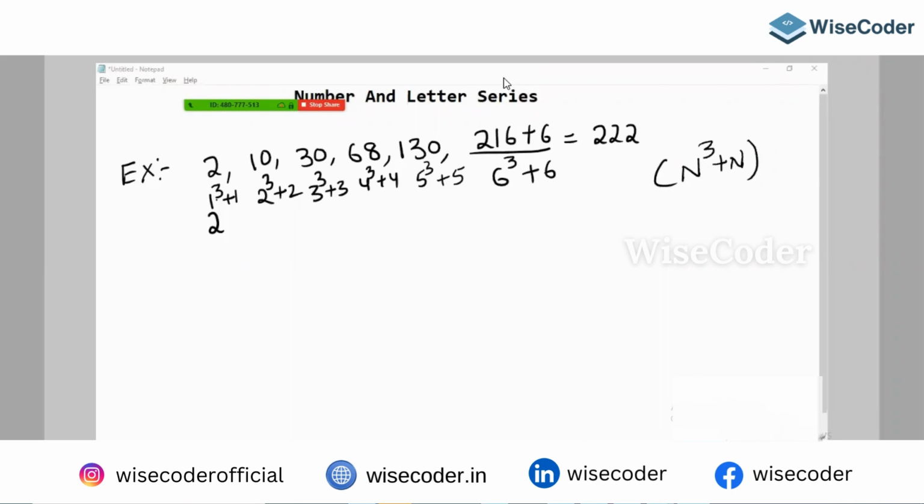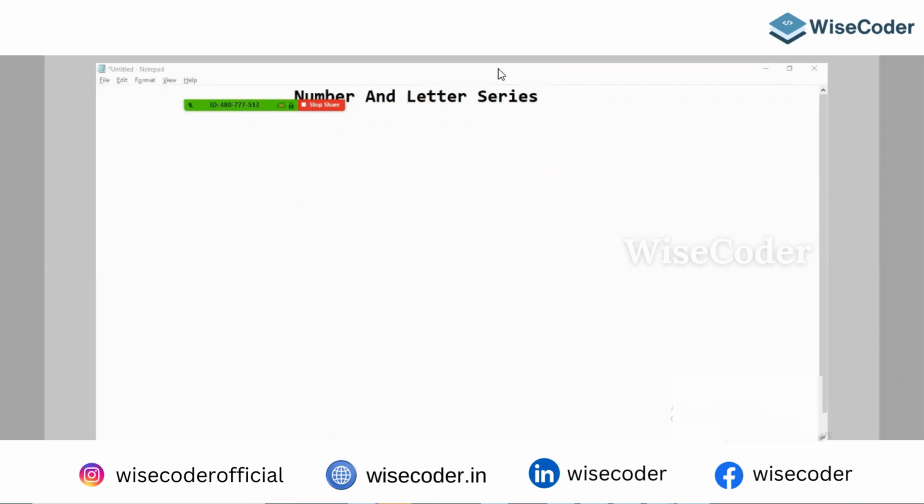Next we'll go ahead and try to solve more. Next one is the combination series. Everybody please write down the side heading: combination series. What do you mean by a combination series?